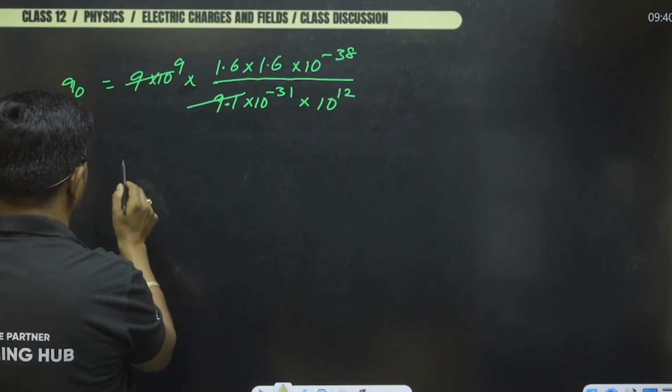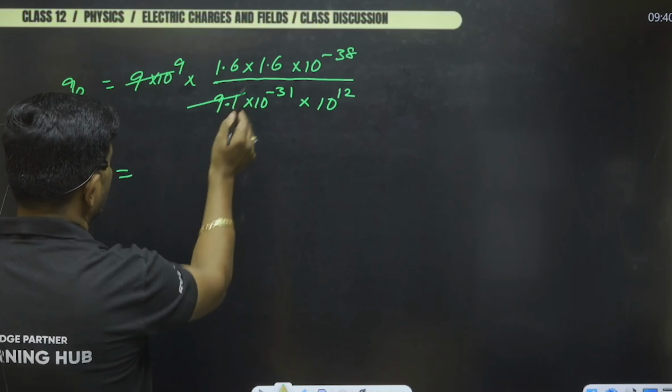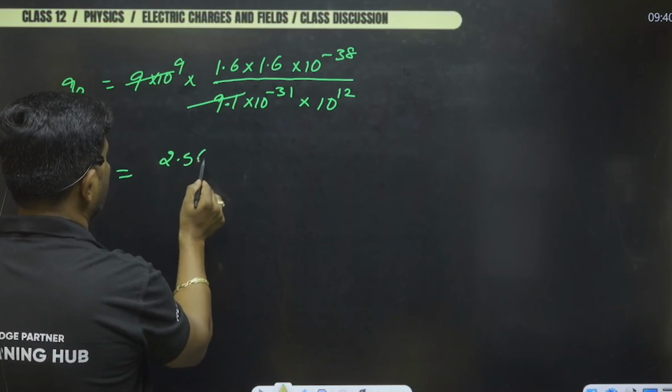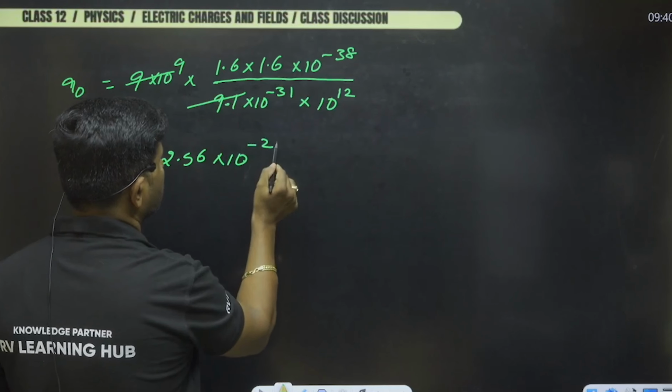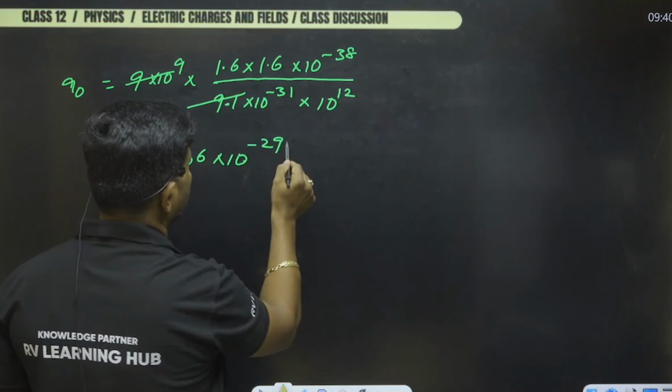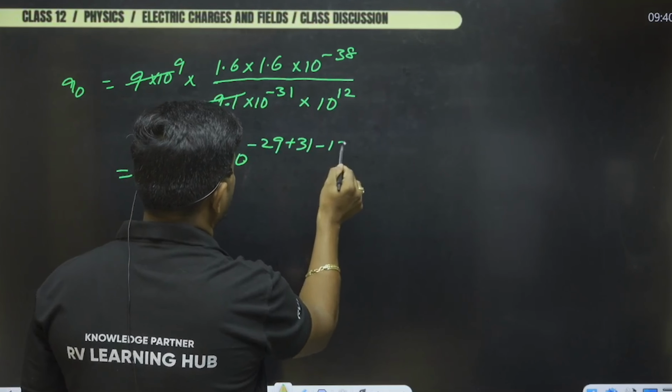You will get it here. So in the numerator, you will get 2.56 into 10 to the power of, we can say minus 29 plus 31 minus 12.